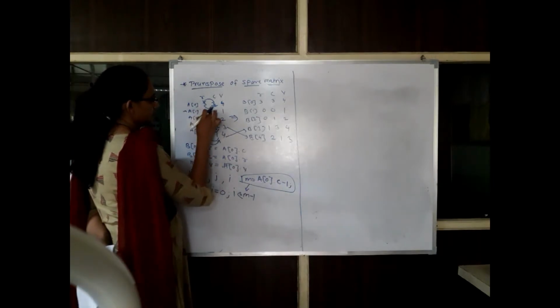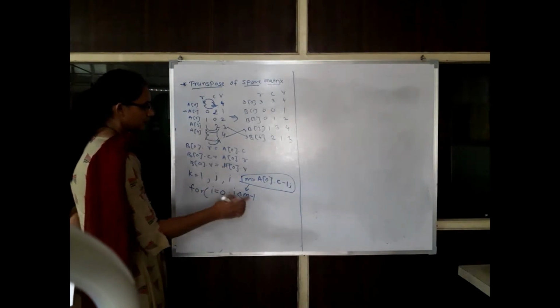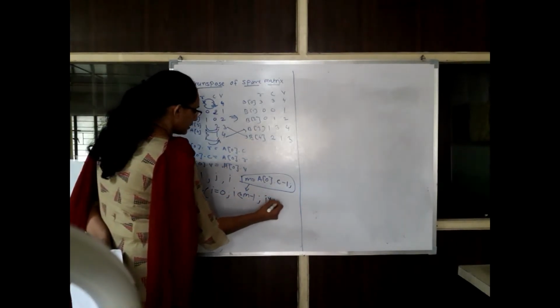For this we have taken the possible values 0, 1, 2, that is 3 minus 1, 2. So it ranges from 0, 1 and 2, and I plus plus.